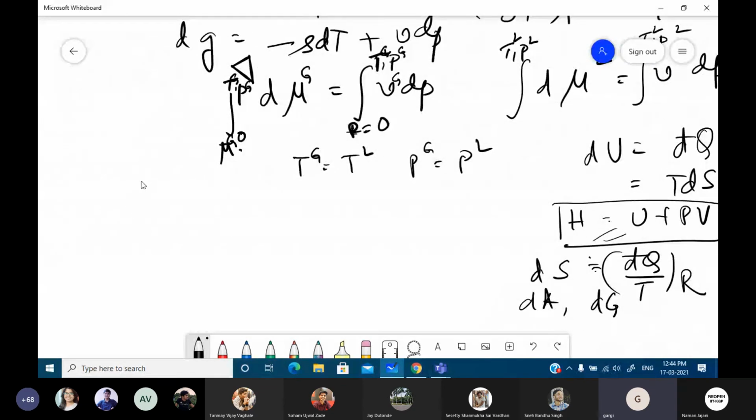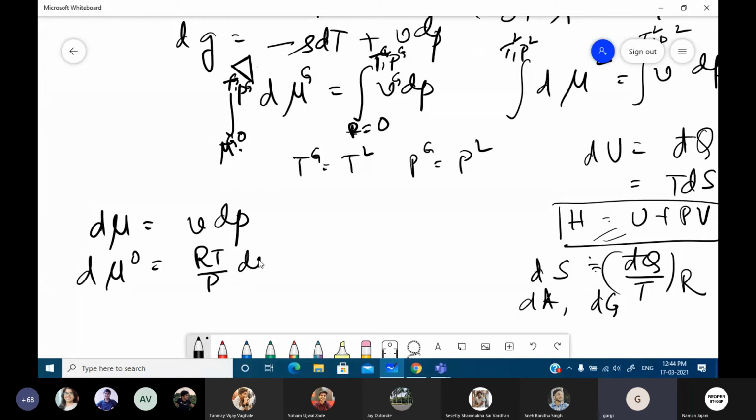We found out that we can always write this down as d mu equals V dP. For an ideal gas, we can write this down as RT by P dP, right? In other words, this is RT d ln P. Again, we do not know mu 0, mind it.